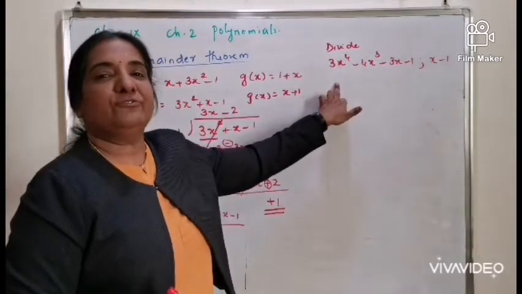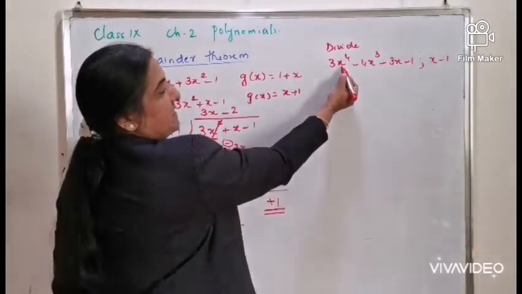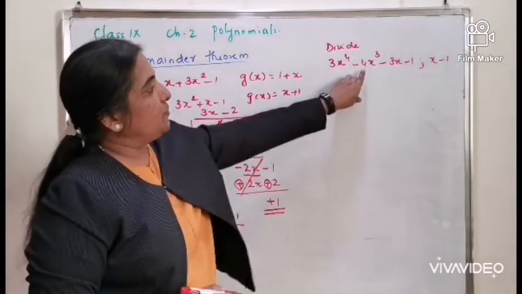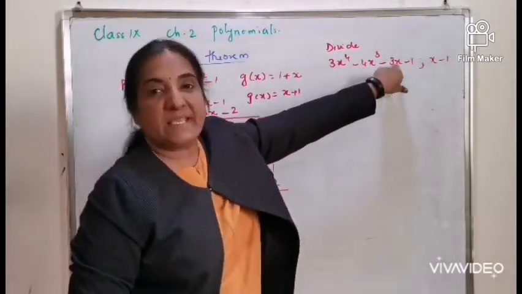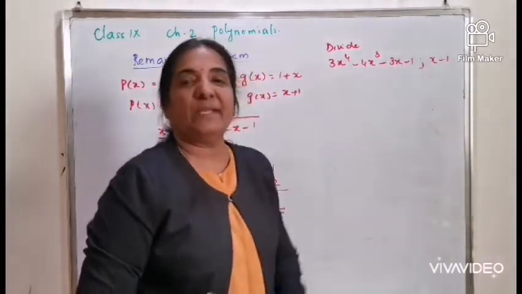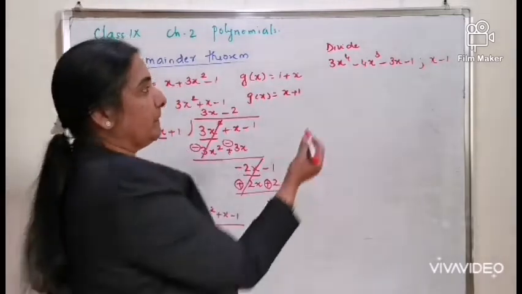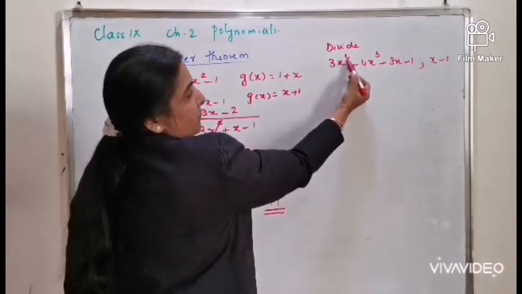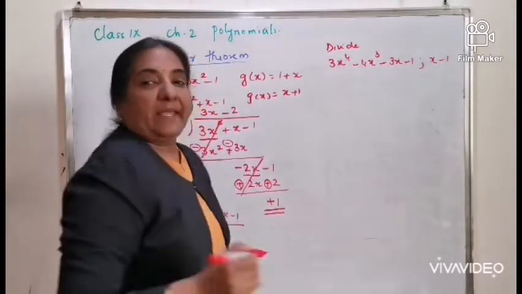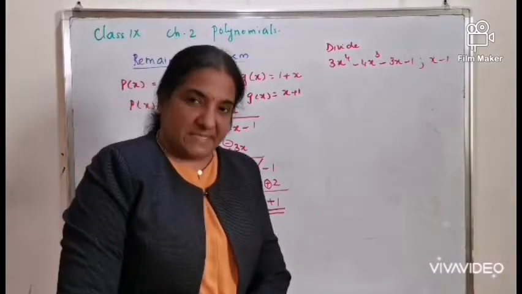Another example of division. 3x raised to 4 minus 4x cube minus 3x minus 1 with the polynomial x minus 1. The x square term is missing.